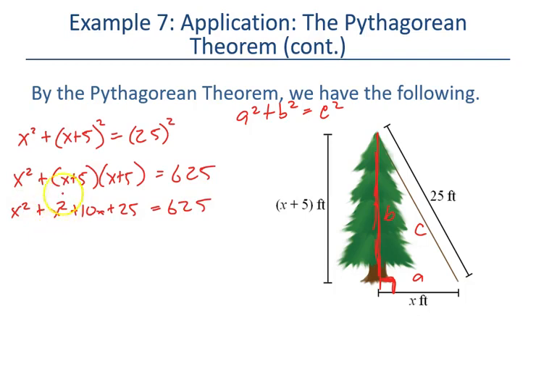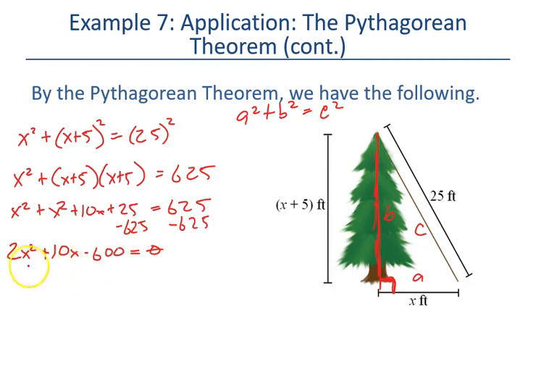And since we're dealing with a quadratic, we need to make sure this is equal to 0. So we're going to have 2x squared plus 10x, and then we've got 25 minus 625. We're going to subtract 625 from both sides, which leaves us with negative 600, all equal to 0.